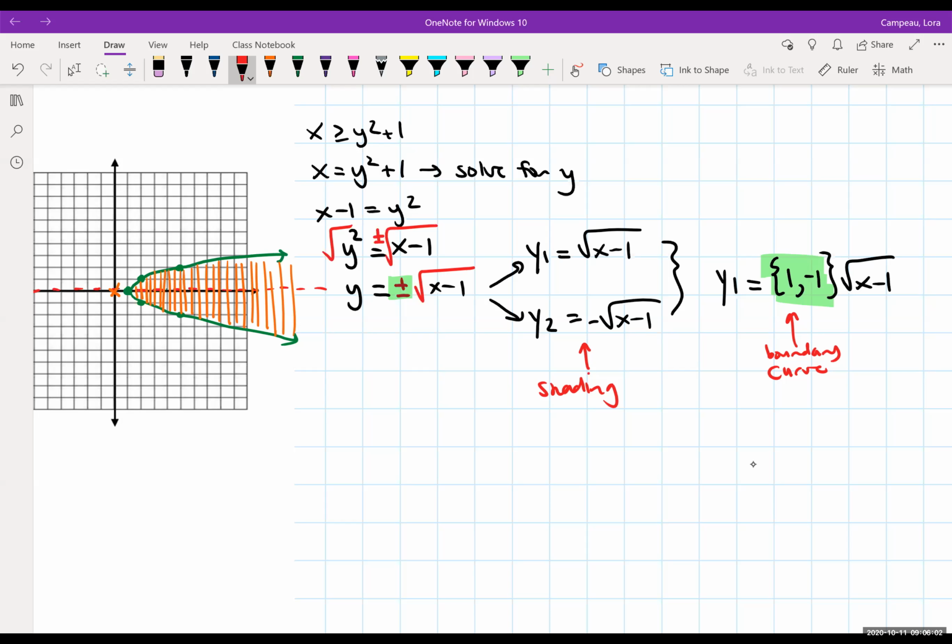So if we're looking at the y1 equals square root of x minus 1, this is the top half of the parabola. And if we're looking at the y2, negative square root of x minus 1, this is the bottom half. And so let's go back to our TI, switch over for you.